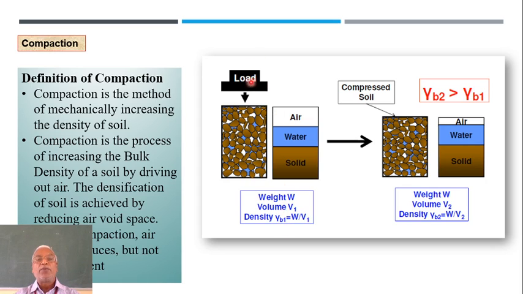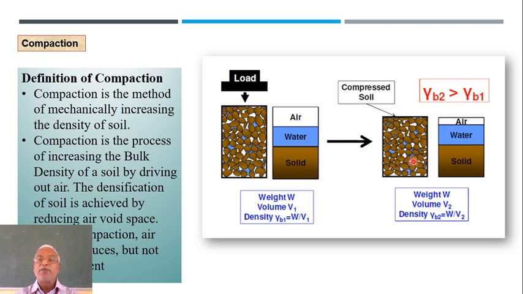Now when you apply some energy, maybe by rolling, maybe by ramming, there are a number of ways how you can compact it. So when you ram it, obviously what happens is the volume decreases. So volume has become V2. So what has gone out of this particular space is only the air escaping. The water will remain the same.